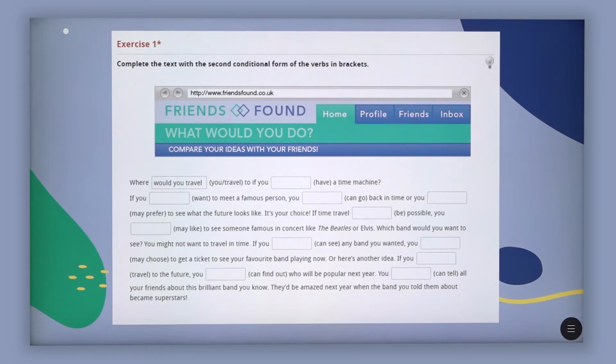Next, you will see, it's your choice. If time travel were possible, you might like to see what the future looks like. Then we've got could see, might choose, traveled, could find out, and could tell.